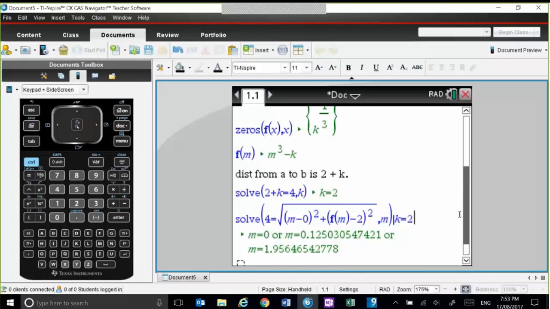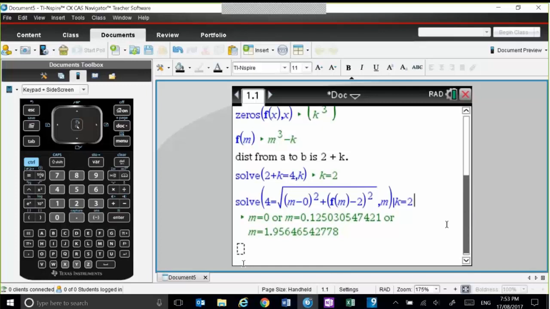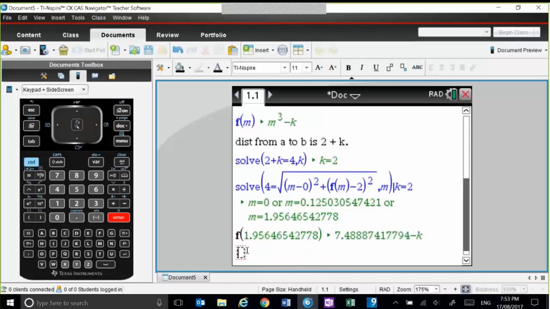Now, of course, we're after the coordinate of D, which means what we need to now work out is f of that. Now what I'm going to do is copy that whole answer, press Control C, and then Control V, close the bracket and press enter. Oops, and I've run into the same trouble.